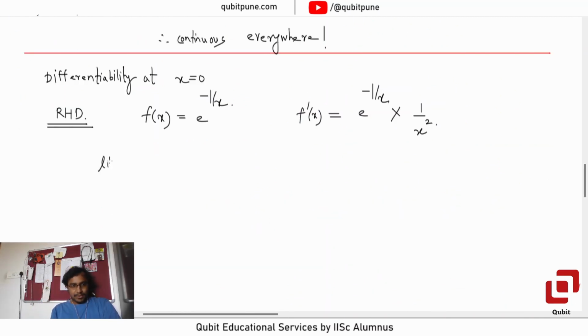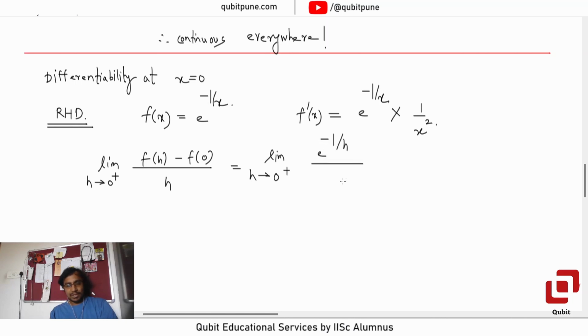Let's use the first principle: limit as h tends to 0 of f of h minus f of 0 upon h. f of 0 is 0 because we have looked at it. Limit as h tends to 0 plus, what will be f of h then? e raised to negative 1 upon h.